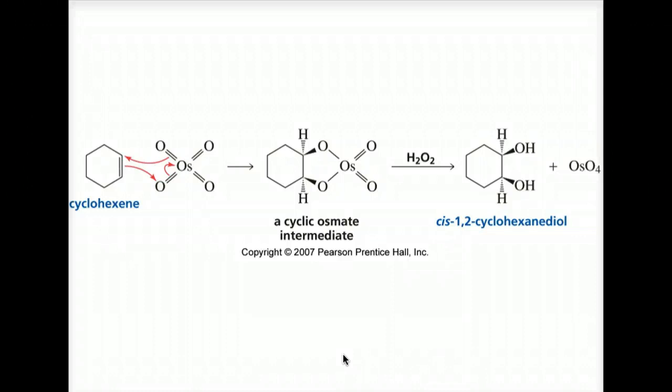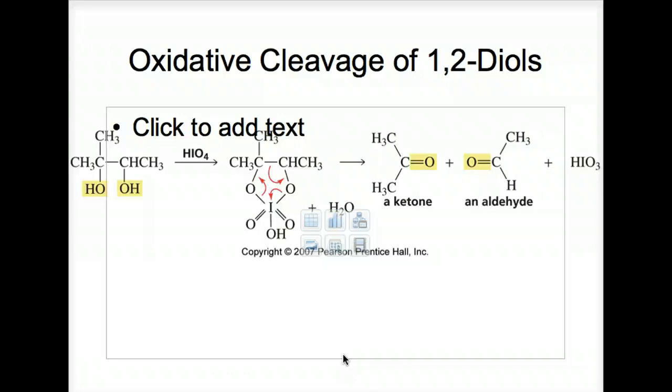Okay, let's look at one more. Here is oxidative cleavage of 1,2-diols. Why is this called a cleavage reaction? Because it cuts the reactant into 2 pieces. There it is, 1 piece over here, 2 pieces. As you can see, the 1,2-diol is oxidized to a ketone, acetone, and an aldehyde, ethanal, by periodic acid.